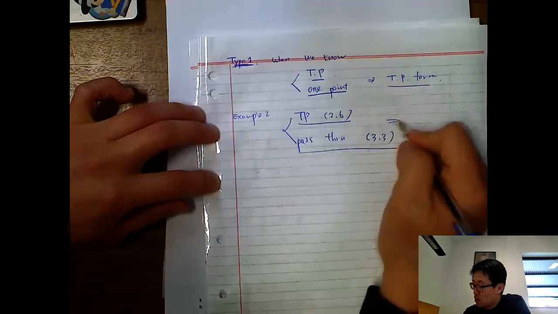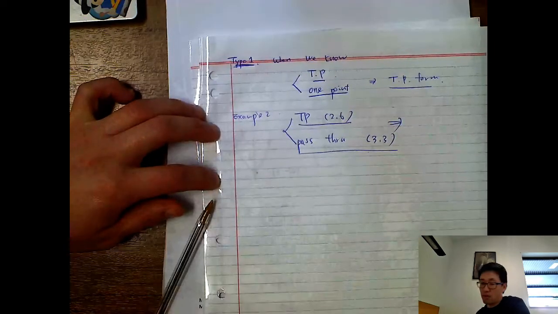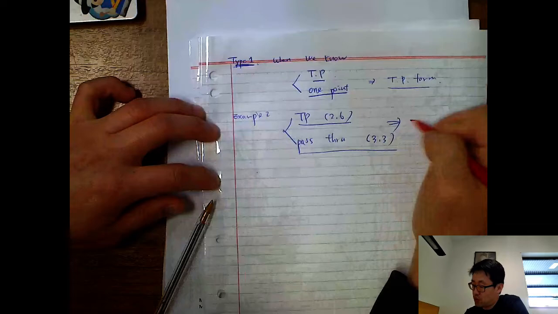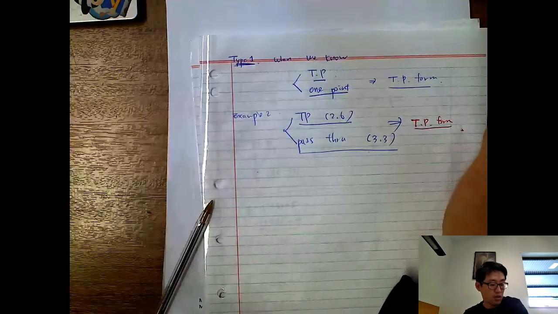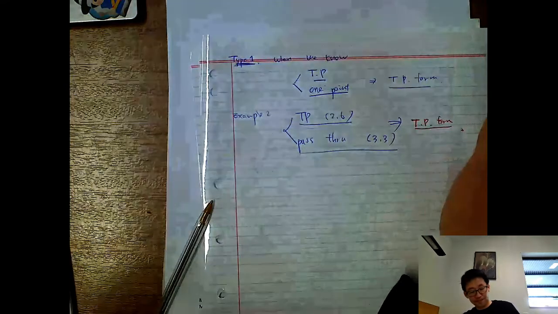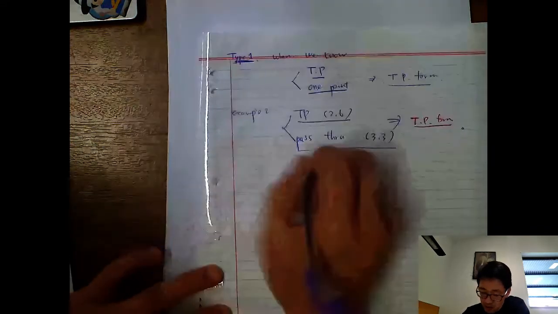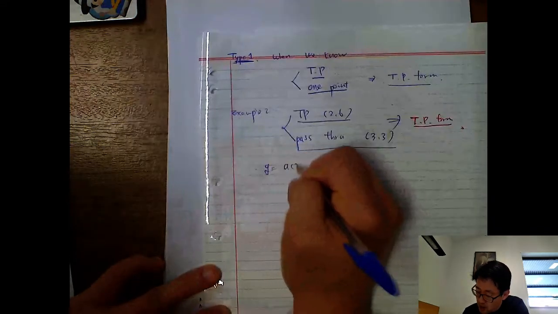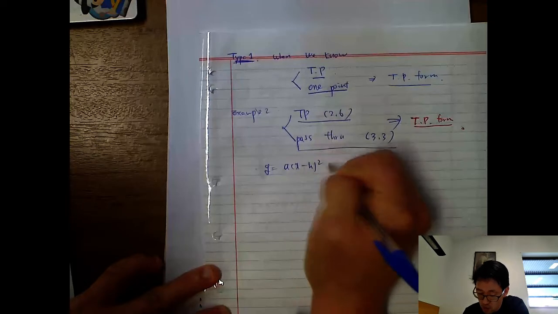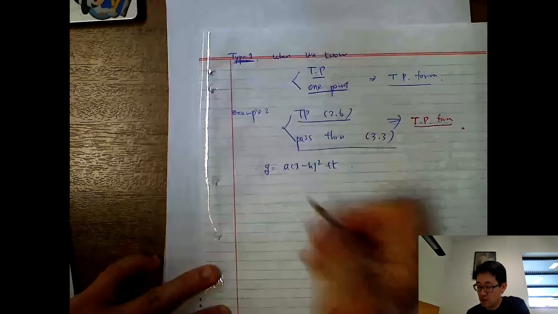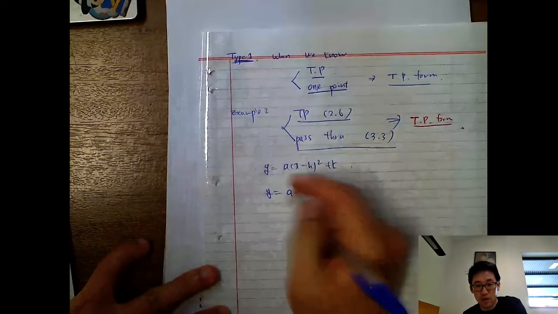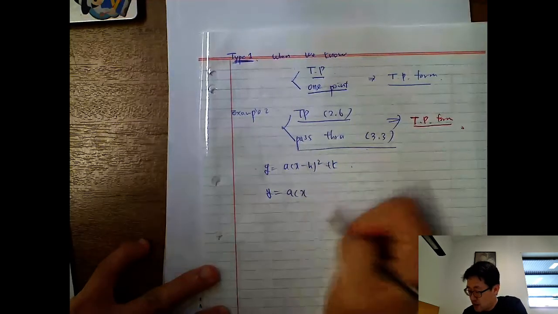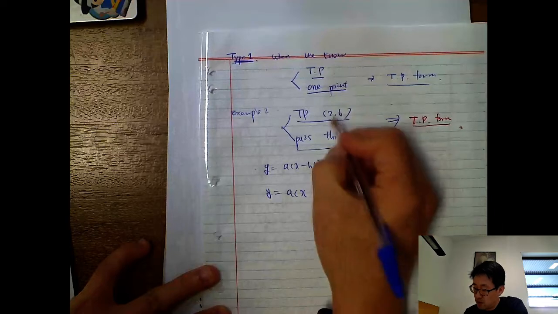We know the turning point, therefore we'll use turning point form. Pretty logical, isn't it? So turning point form is y equals a(x minus h) squared plus k, isn't it? Let's do that. So y equals, do we know a? We don't know. Write it down. X, and then what's the turning point here? 2.